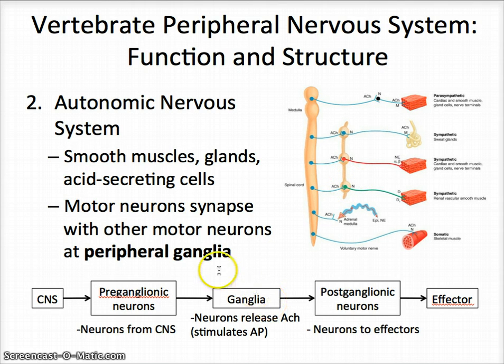At the peripheral ganglia, the motor neurons synapse with other motor neurons and transfer information to what is called the postganglionic neuron. And this is the neuron that innervates the effector itself.